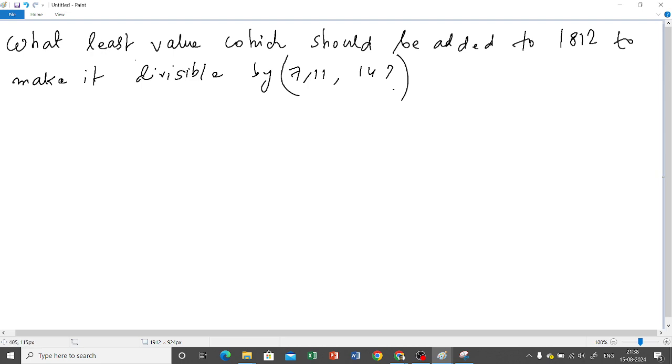What least value should be added to 1812 to make it divisible by 7, 11, 14?